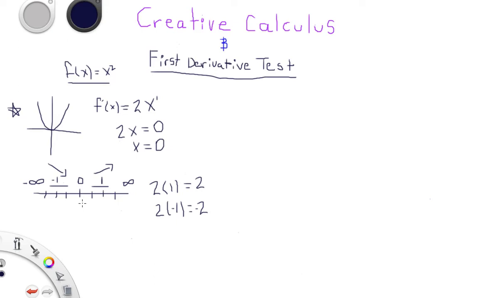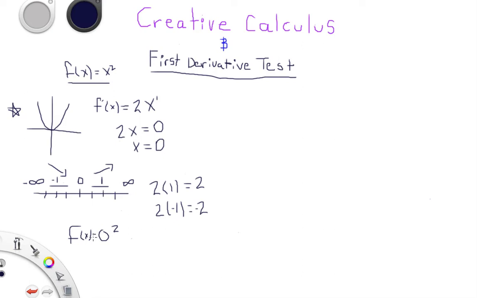So now that we know that, we want to plug in our critical number, or critical numbers, back into the original equation to see if there's a local minimum and maximum at that point.